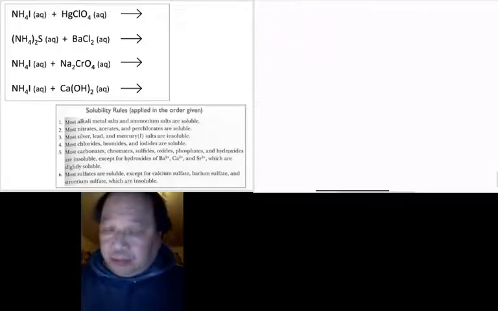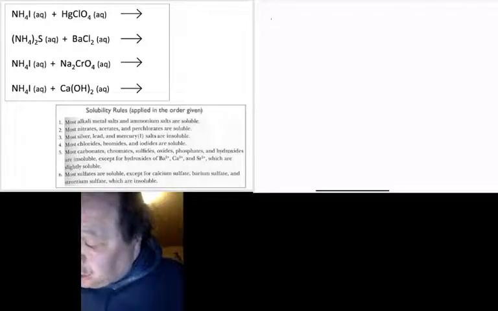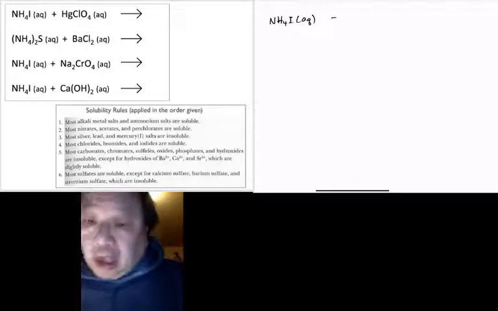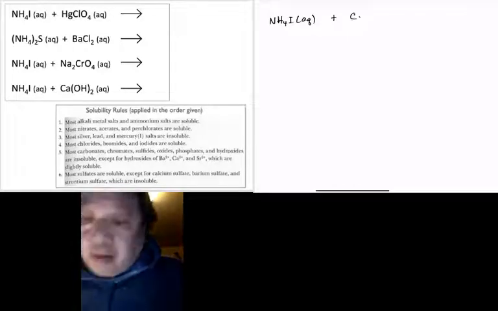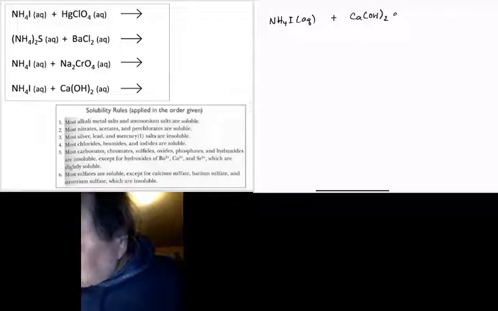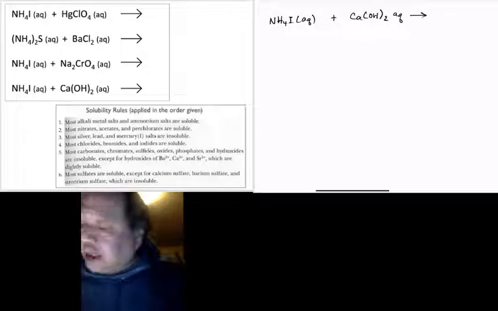We'll do one more, and we'll do the hardest one, just to give you a feeling. The last one, NH4 and calcium hydroxide. This is a tricky one, but it's the kind of one that you could expect to see in a lot of Gen Chem exams all over the country. And so the question is, is there a product?